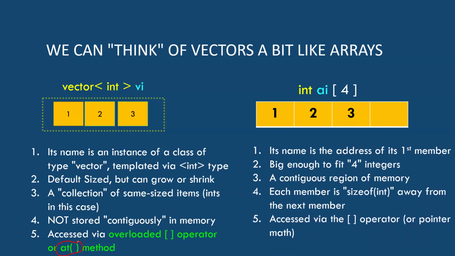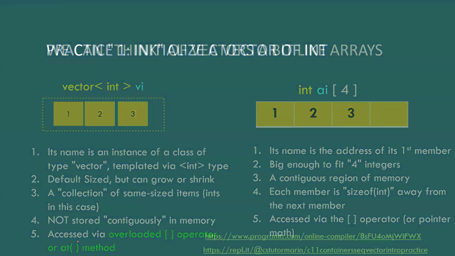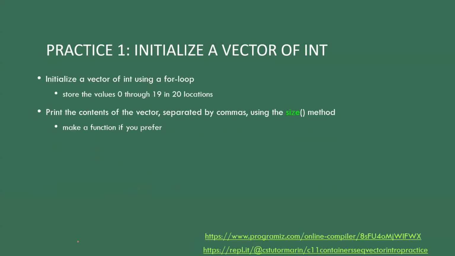So a little bit about our lower memory management. We don't have to worry about it too much, but let's play around with this just real quick. Let's initialize a vector of a certain size and store values 0 through 19 in 20 locations. So you're going to need a loop. You're just going to count 0 through 19 and store the index value in there.